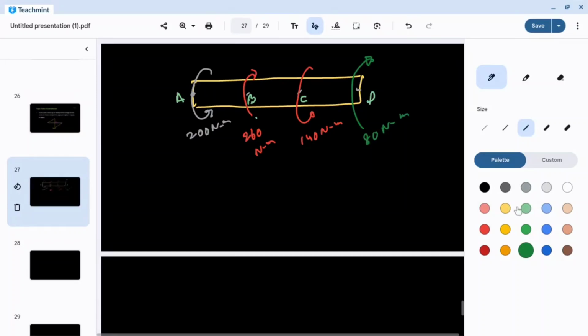What is the value of the twisting moment in AB? What should be the value in BC?